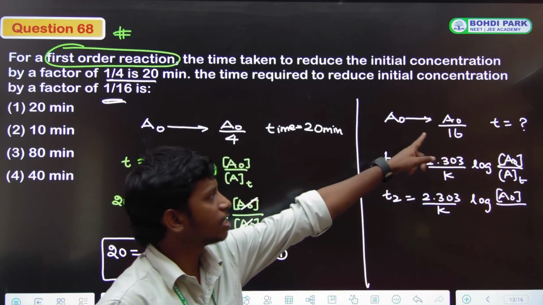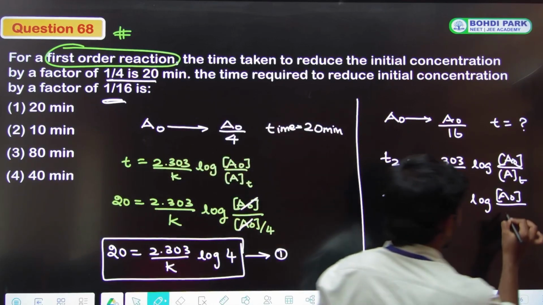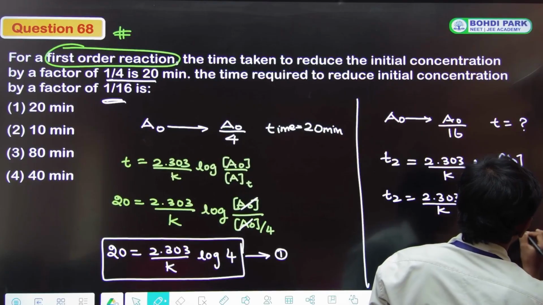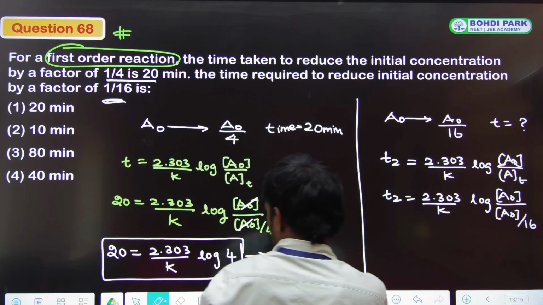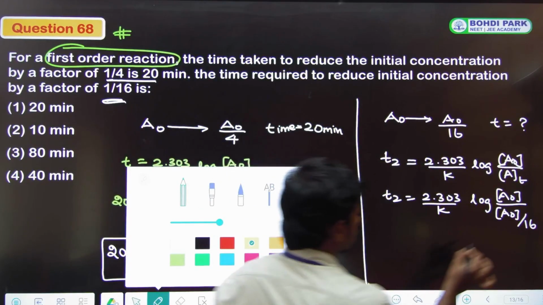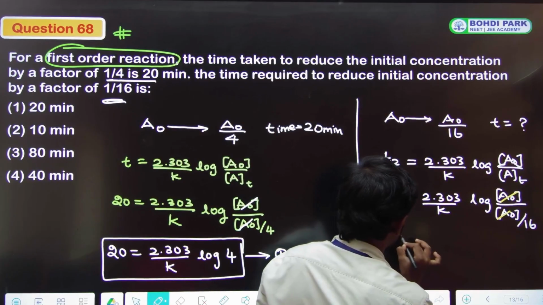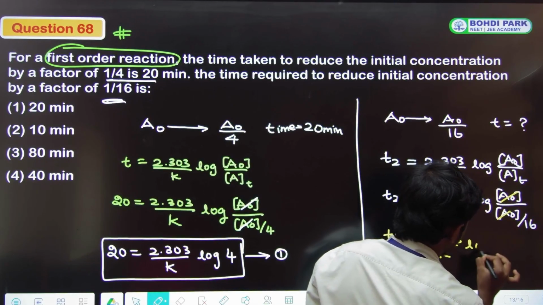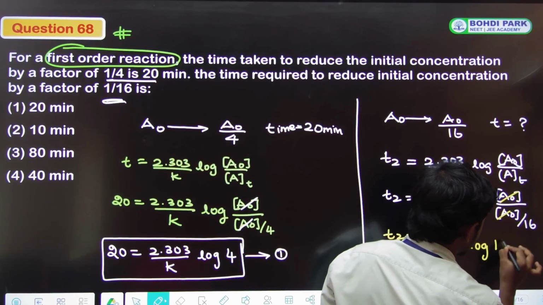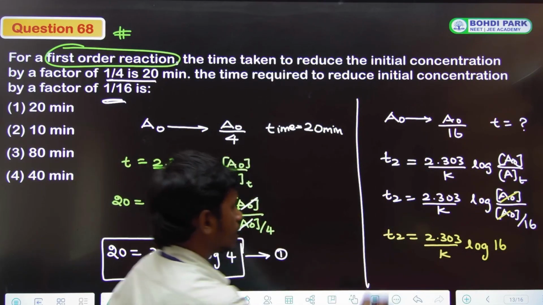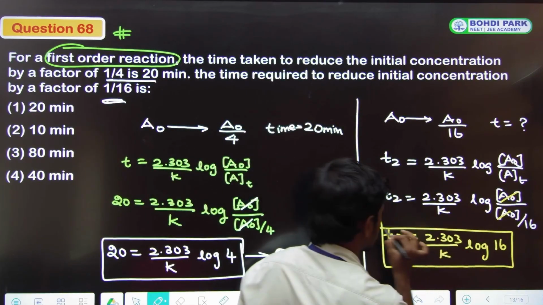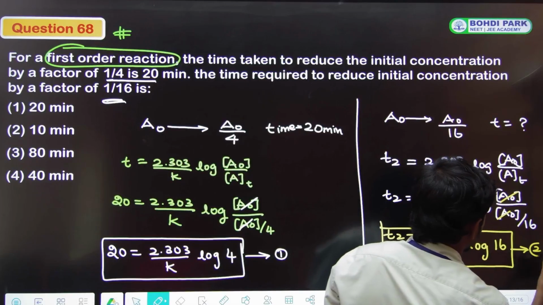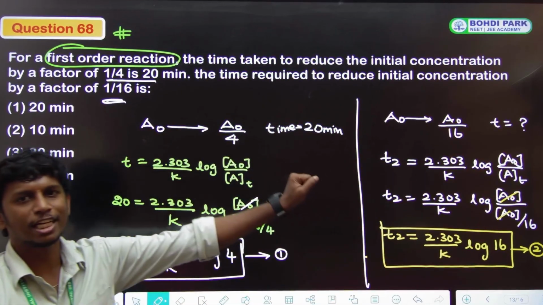We can write A naught by 16, so A naught will cancel each other. We get t2 is equal to 2.303 divided by K log of 16. This is equation number 2. I need the value of t2.